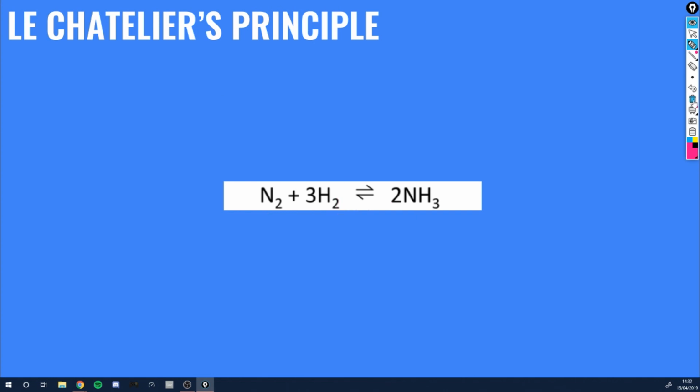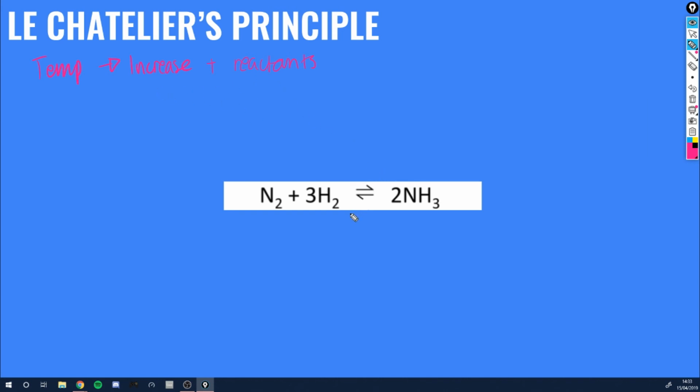So with temperature, let's go with, if you increase, there will be more reactants. So all you need to know is that for a decrease of temperature, it's the opposite. There will be more products formed if it's a decrease.